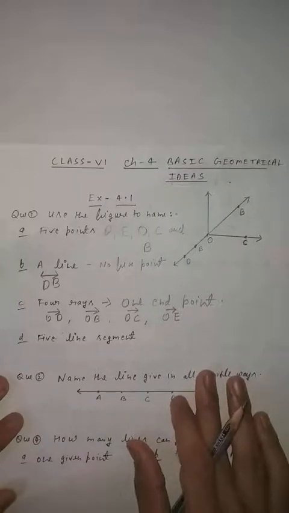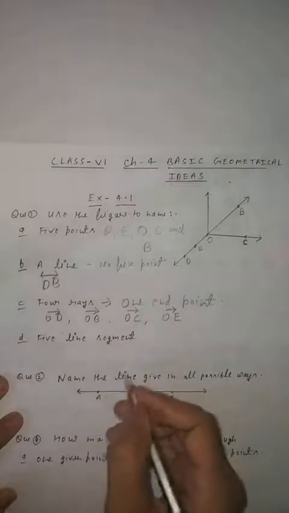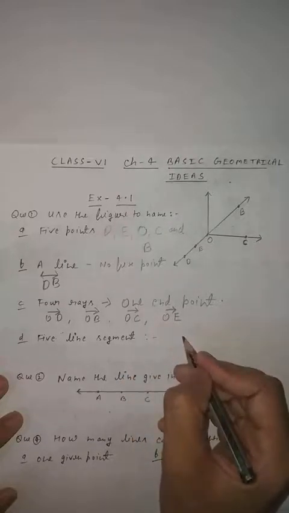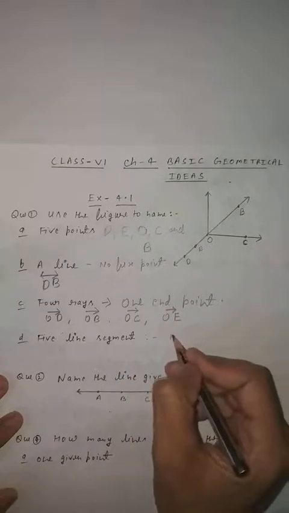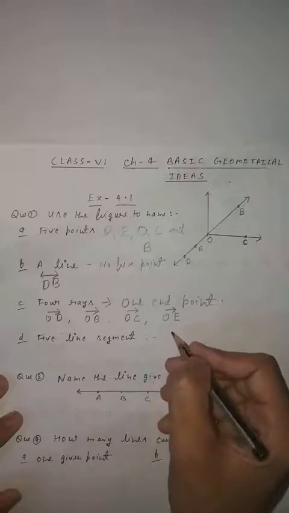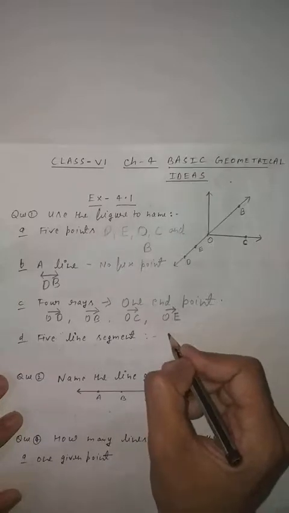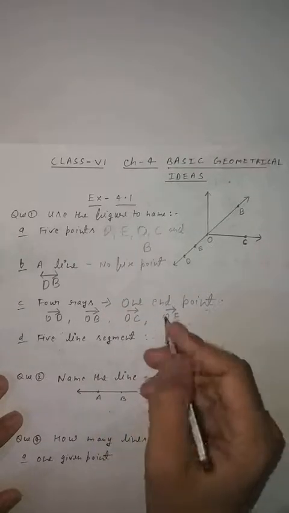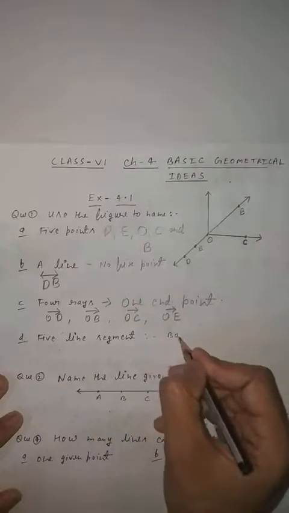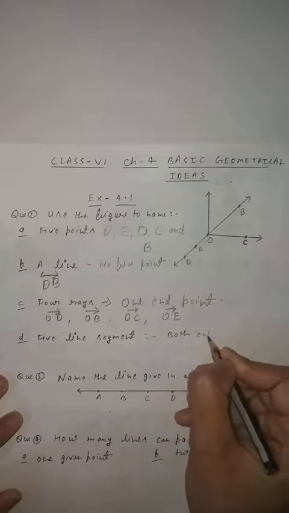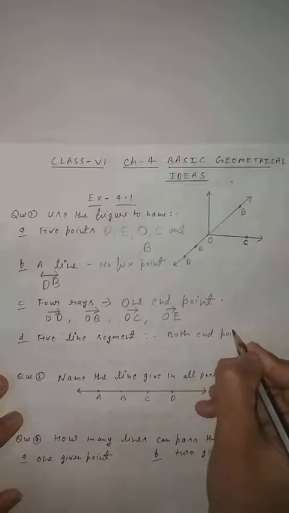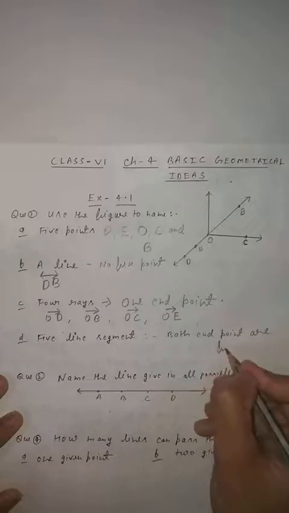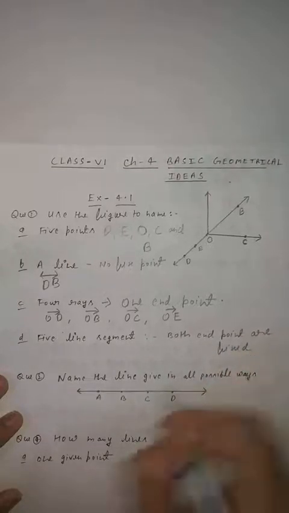Now 5 line segments. Line segment means what? Both end points are given. This is different from a line. So line segment means both end points are fixed, meaning you cannot extend in any direction.